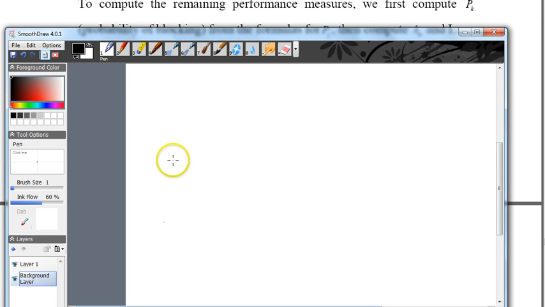I'm going to use my tablet here. In the models we used before, customers arrive at a queue where you have a single server, and after they finish service, they leave. That was our first model.